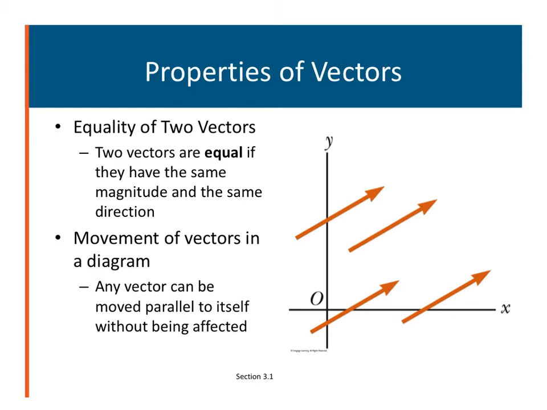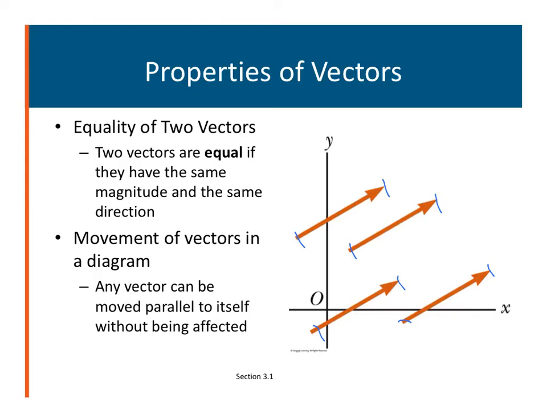We can say that two vectors are equal if they have the same magnitude and the same direction. So if we look at these four arrows here that represent vectors, and we'll use arrows to represent the vectors, all of them have the same length. And because they have the same length, they all have the same magnitude. But that is only part of it.